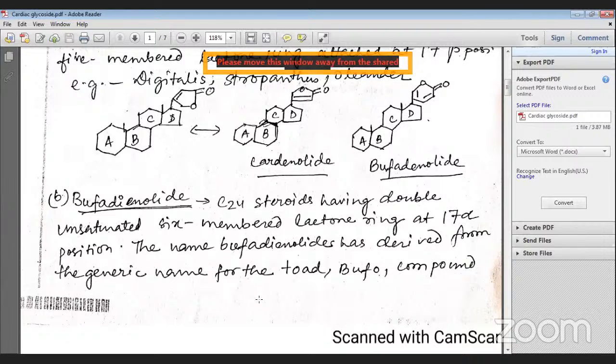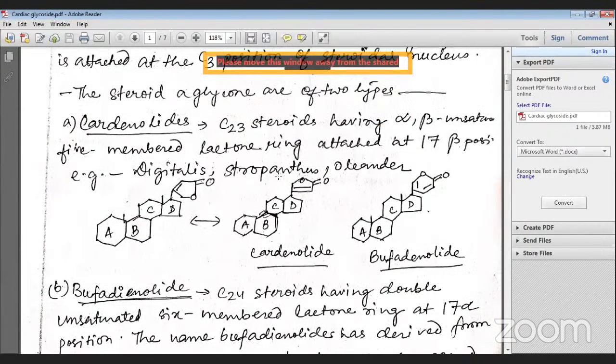Cardenolide is known as a C23 steroid having an alpha beta unsaturated 5-membered lactone ring, which is attached at the 17 beta position.